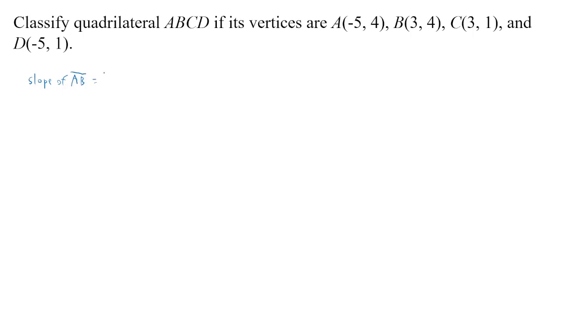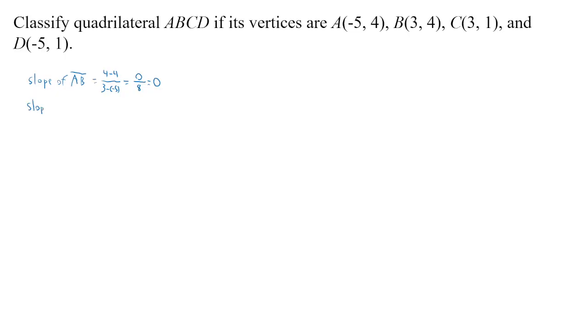This is 4 minus 4 over 3 minus -5. 4 minus 4 is 0. 3 minus -5 is 8. And 0 divided by 8 is 0. So the slope of segment AB is 0.